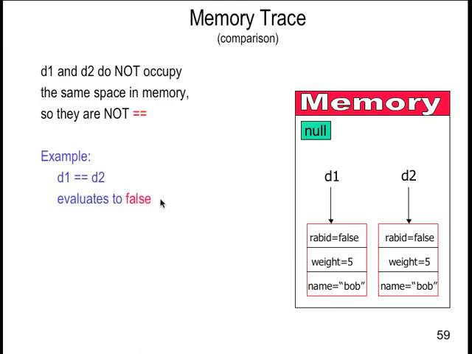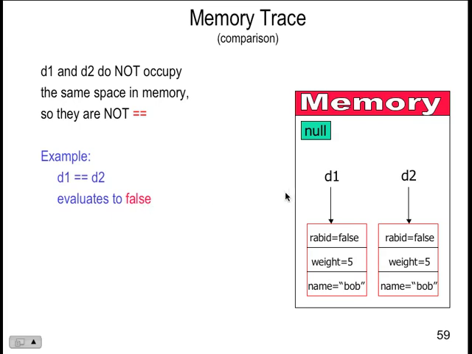In terms of this memory space, it's not actually occupying the same memory space. If we do a comparison, does D1 equal D2? It's always going to come back false.